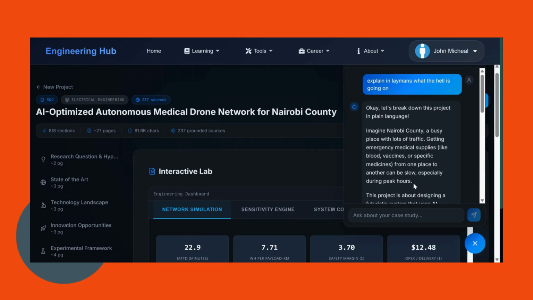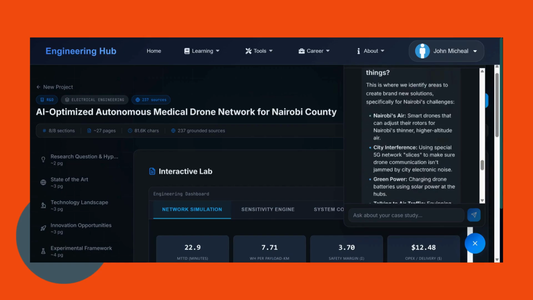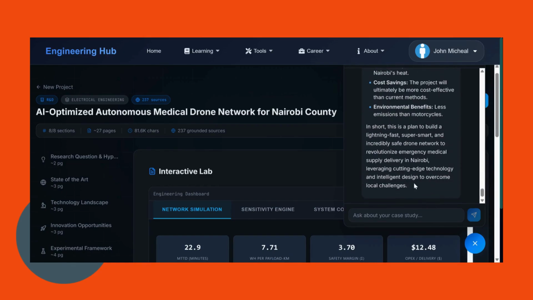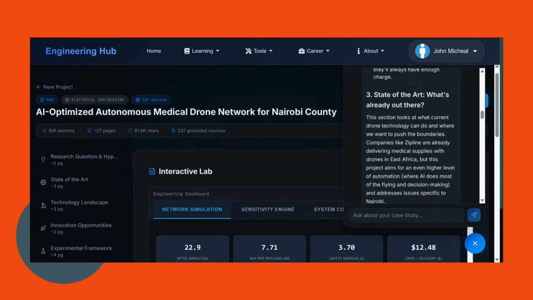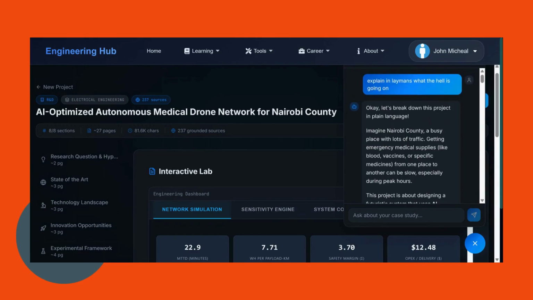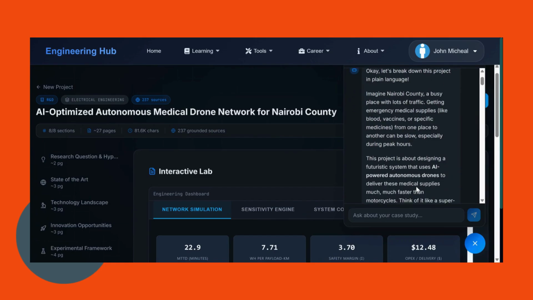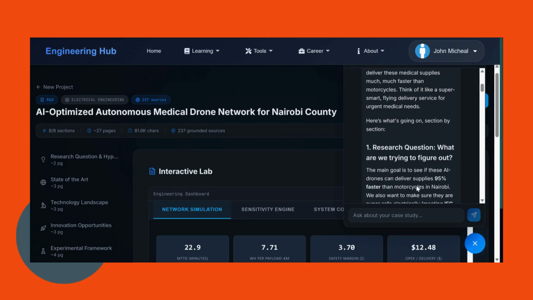Now this thing is saying that it's continuing. Relax, my man. I don't want all this information. Come on, it's layman's. Why are you giving me all this? Okay. Let us just read the first paragraph. Imagine Nairobi County, a busy place with lots of traffic, getting emergency medicals. I know that. This project is about designing a futuristic system. I know that.